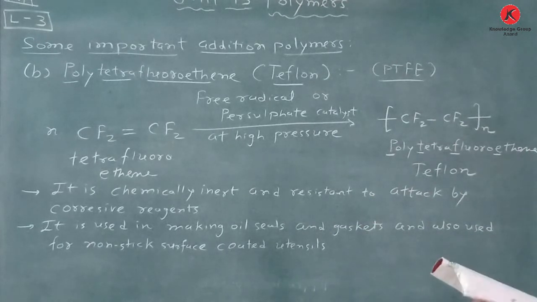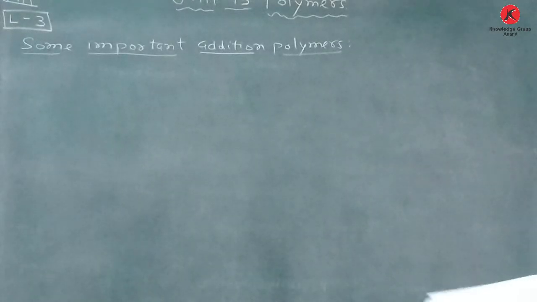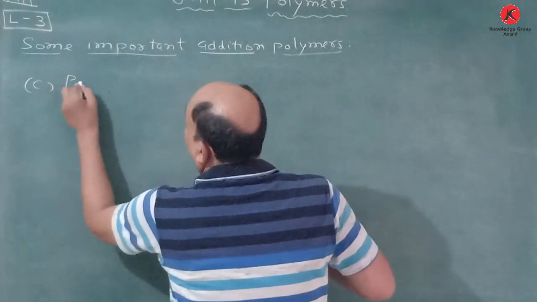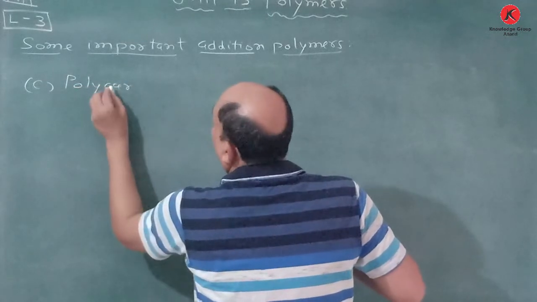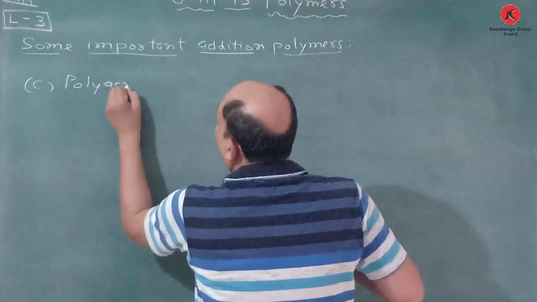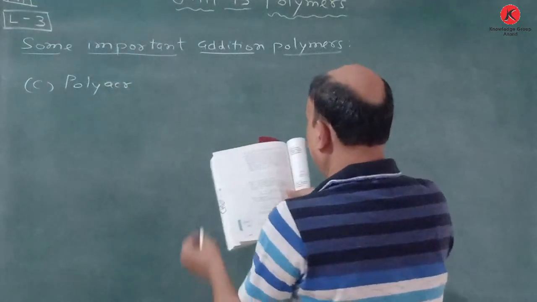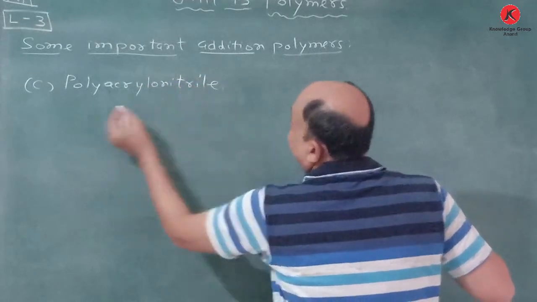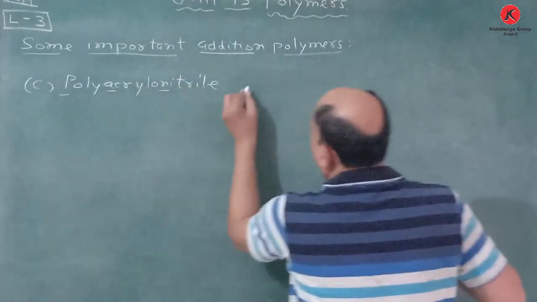And the last one is polyacrylonitrile, which is also called Orlon, PAN. Now we switch to the last topic, polyacrylonitrile.